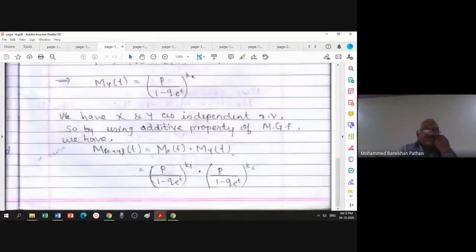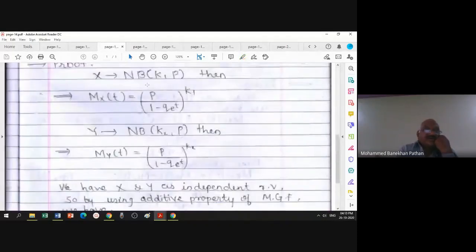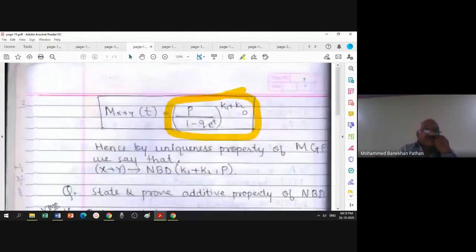This is your MGF for X. The power is k1, so the first parameter is k1, and the second parameter p comes from here. Let us compare this step with the current page. Easily you can see the power is replaced by k1 plus k2 as the first parameter.